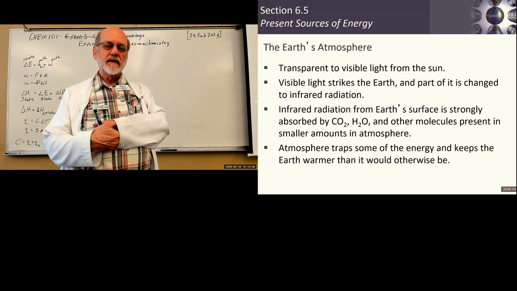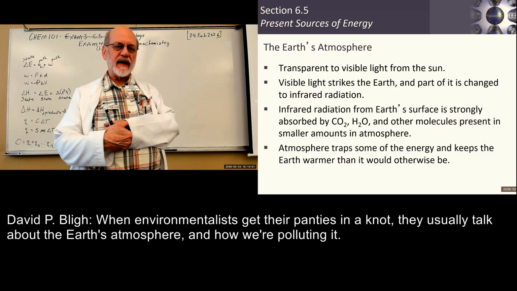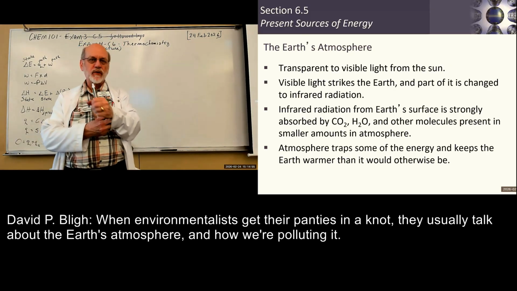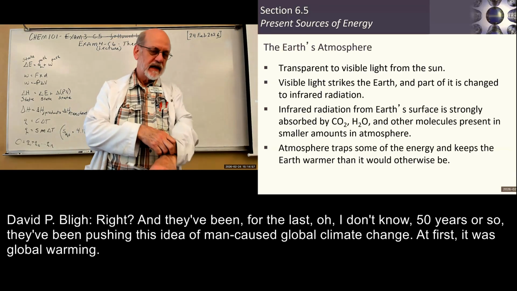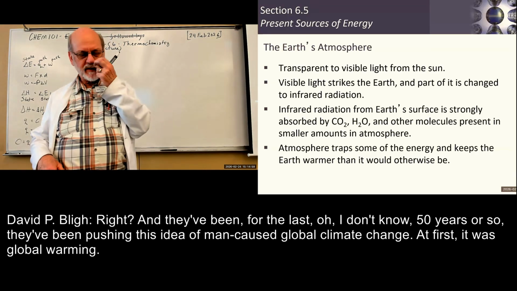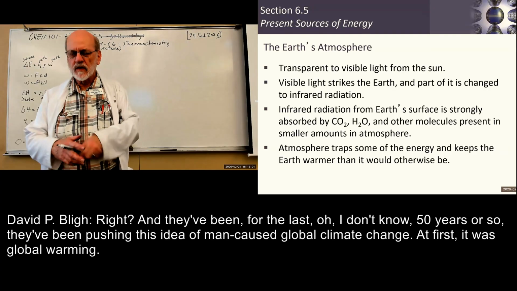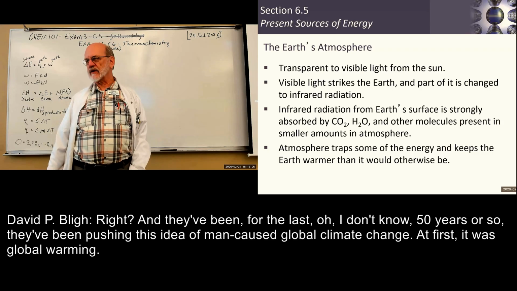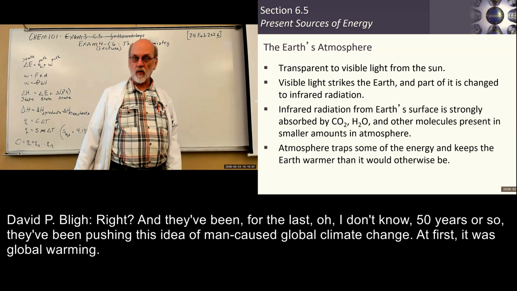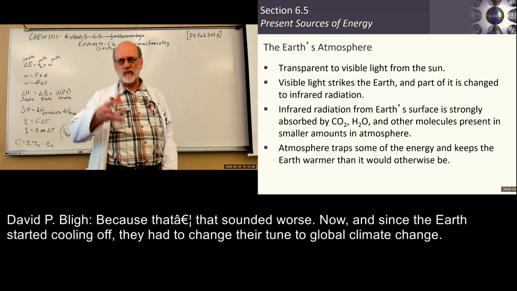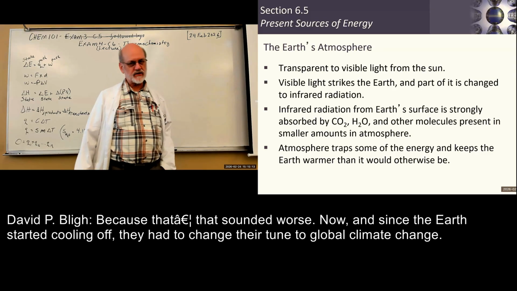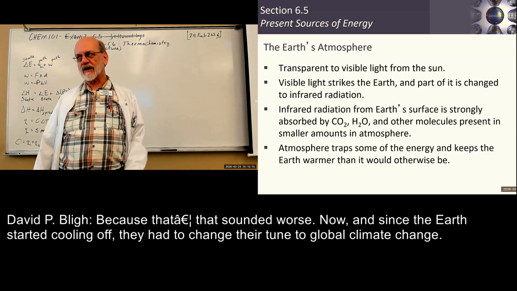When environmentalists get their panties in a knot, they usually talk about the Earth's atmosphere and how we're polluting it, right? And for the last, I don't know, 50 years or so, they've been pushing this idea of man-caused global climate change. At first, it was global warming because that sounded worse. Now, since the Earth started cooling off, they had to change their tune to global climate change.